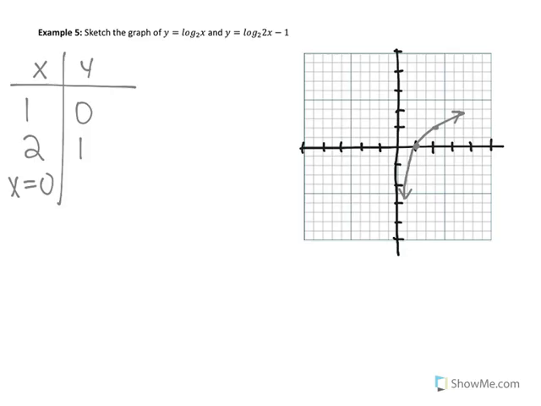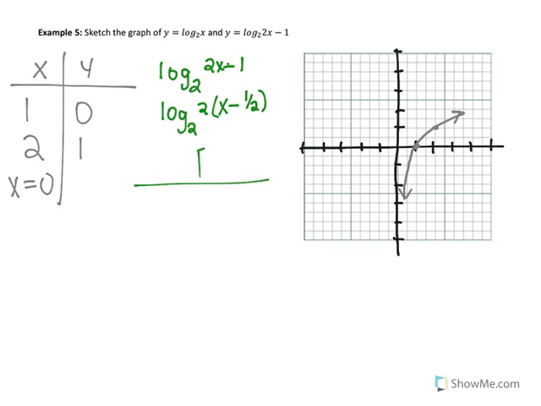Okay, so we have log base 2 of 2x minus 1. We need to take out a 2, so it'll be 2x minus 1 half. So we'll make our new point. We have our d value and our h value, and our c value and our k value.